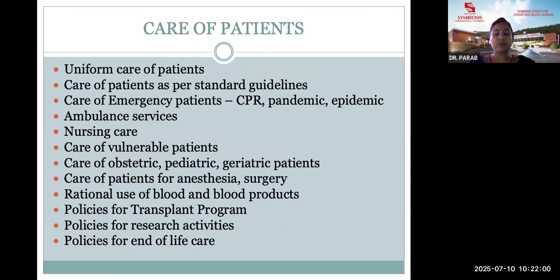I think yesterday I was referring to this standard, which talks about uniform care. So, uniform care can have several meanings. It can have a meaning of providing care in a uniform way to different kinds of patients, right? Regardless of their caste, creed, religion, status, financial status, educational status, etc., etc.